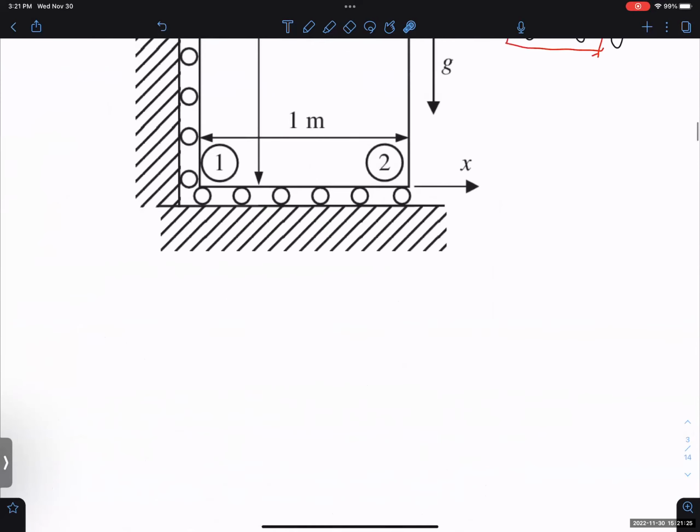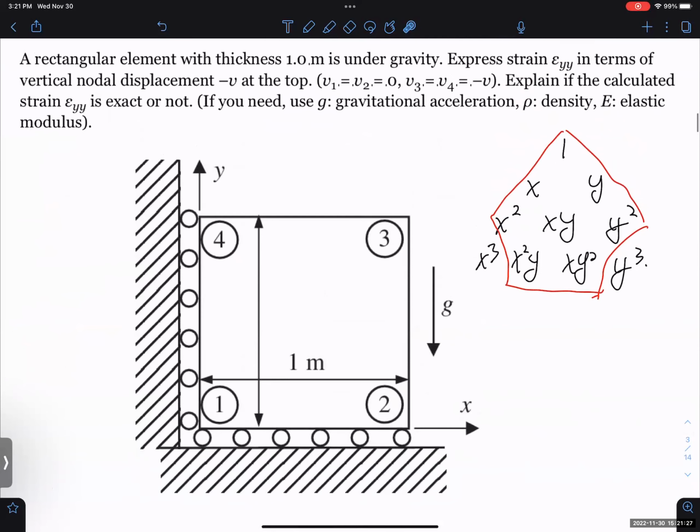So for this problem, I really want you to explain that in the actual situation the strain changes linearly, and because our FEA cannot represent this linear change, it's approximation. This is what I expect to see in your explanation. It's not just, oh, this is distributed force or this is concentrated force, so it's exact, or so it's approximation. I don't think that's a good explanation because I see some missing link.